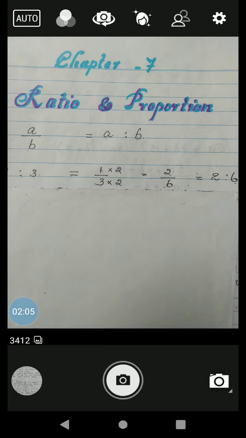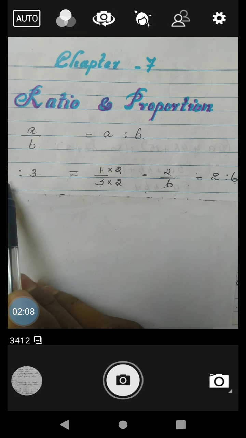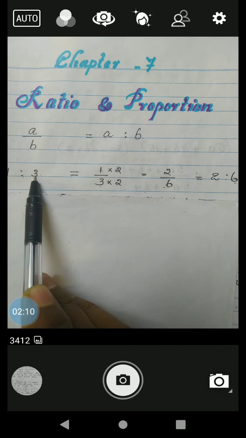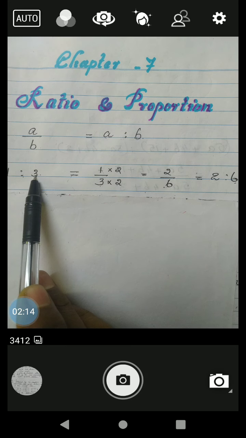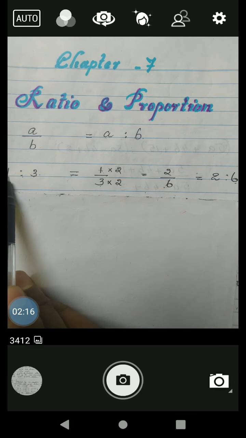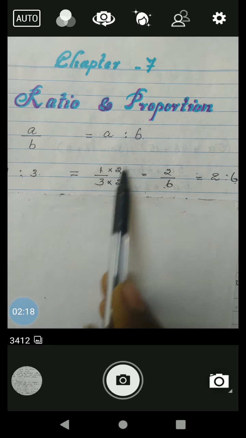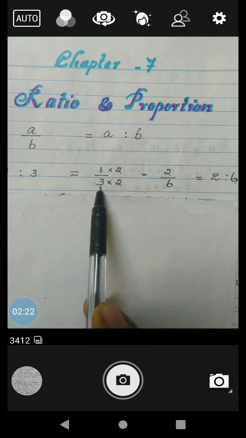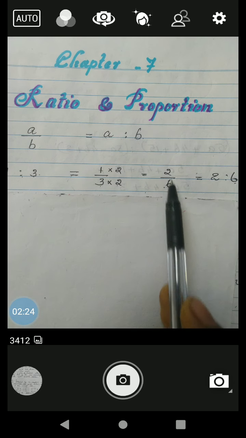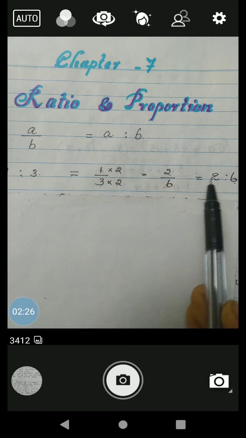You can see here 1 is to 3. We can multiply both quantities by 2, that is 1 into 2, 3 into 2. We can represent it as 1 into 2 by 3 into 2, that is 2 by 6, that is 2 is to 6.